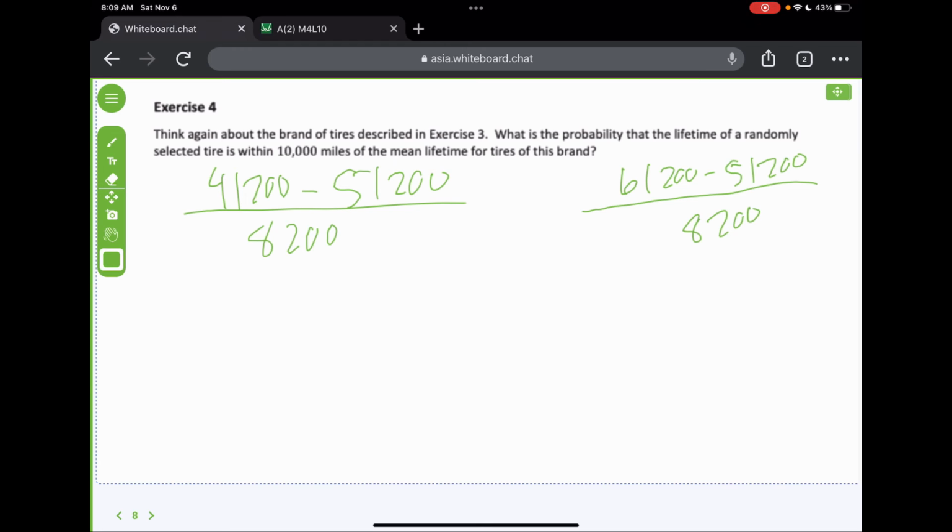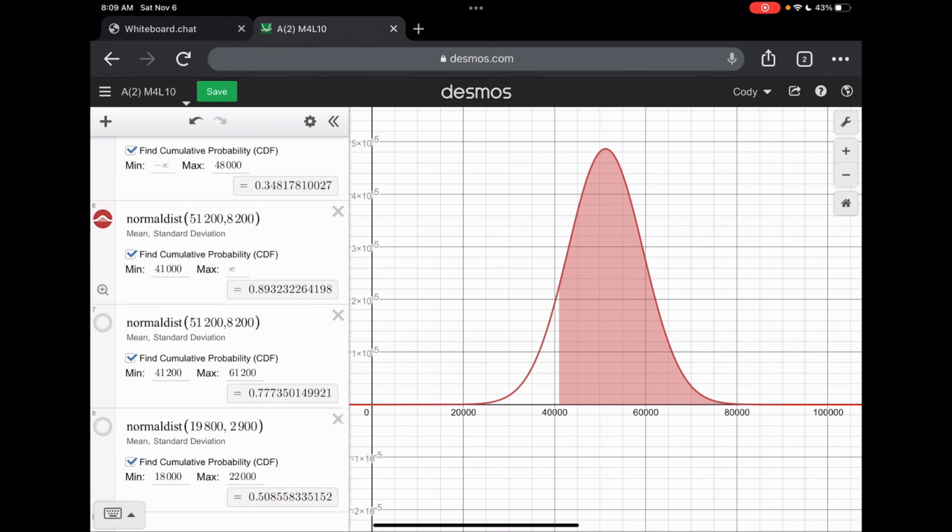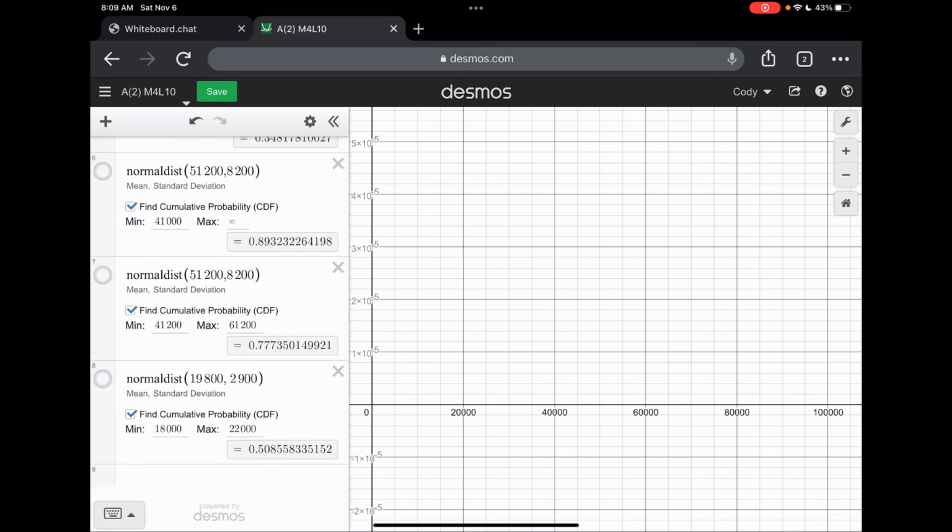Now, when you calculate that, this one is going to be about a negative 1.22. This will be a positive 1.22. Let me see if I did this on Desmos, I don't remember. Okay, yeah, I did. So here it is.